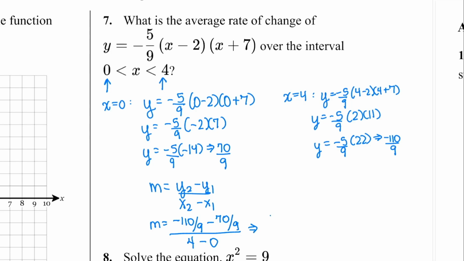So we're going to have negative 180 over 9 divided by 4. Negative 180 over 9 is just negative 20. So negative 20 over 4, and that's going to be negative 5. So that is the average rate of change between those 2 points.